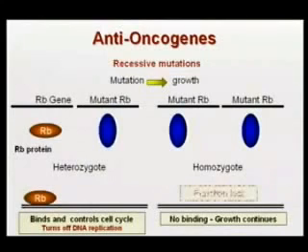But in the mutant, when you've got two non-functional RB proteins being produced from two mutant genes in the homozygous state over here, there'll be nothing to bind onto the DNA and stop cellular DNA replication, and as a result, you will get growth.